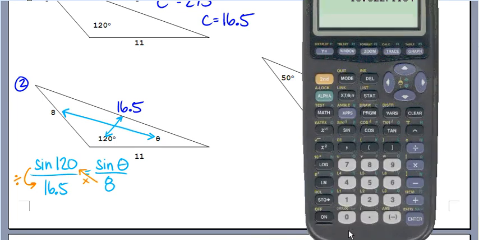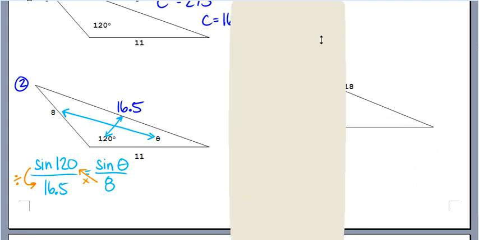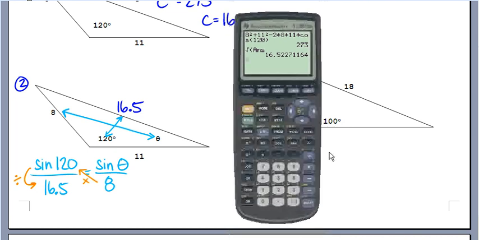So if we try that on the calculator, shrink this down so you can see it. Sorry, there's what the calculation looked like for that first one, now that you can see it. Let's try this. Sine law 8 times sine 120. If you've got a graphing calculator, make sure you close that bracket on the angle. Divided by 16.5.